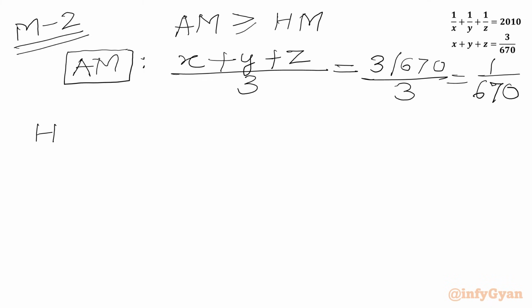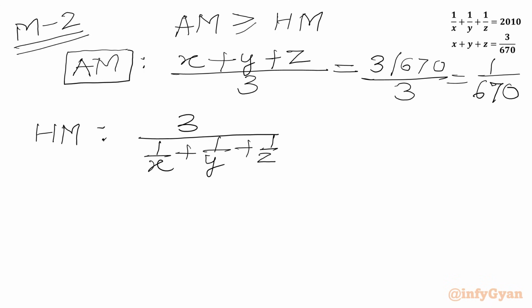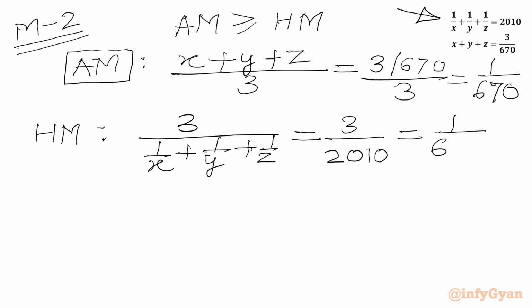This is the value of AM. Now we will calculate HM, harmonic mean. Value will be 3 divided by the reciprocal sum, 1 over x plus 1 over y plus 1 over z. Now from our equation number 1, we can write denominator would be 2010, which will give us 1 over 670.